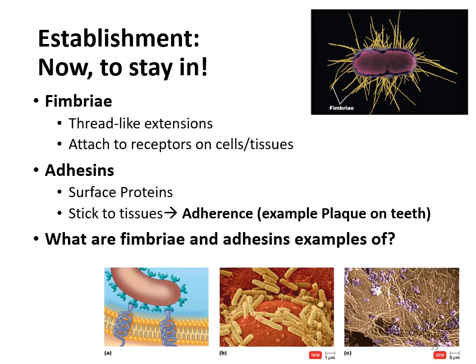They're virulence factors. Okay, so remember the term virulence factors. Fimbriae, adhesins, glycocalyx, any of those are examples of virulence factors. They help the microbe to be a pathogen.